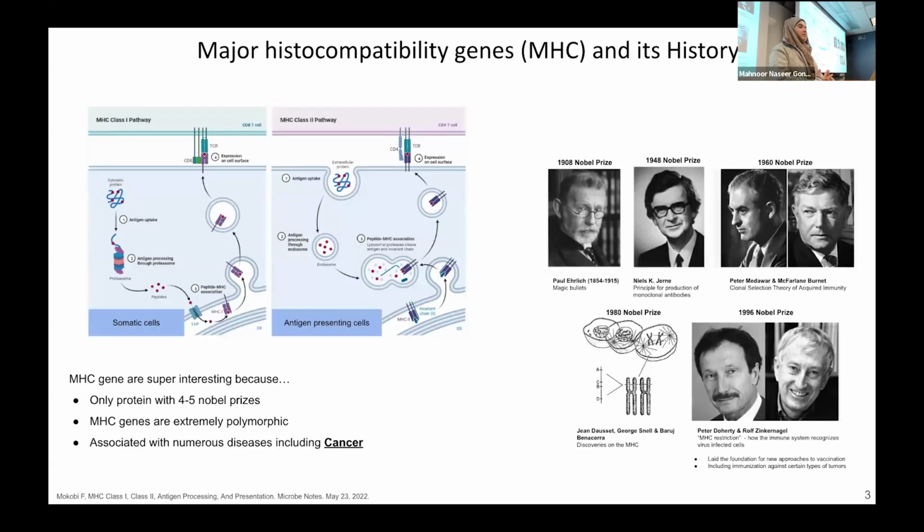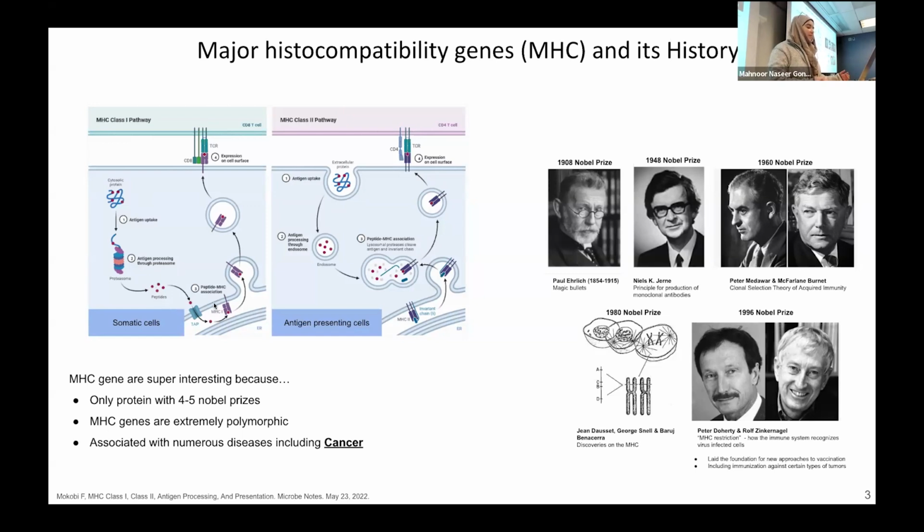So to give you a brief history of the major histocompatibility complex, this is a very interesting gene molecule. The reason why this is interesting is because it's divided into two classical features, the MHC class 1 and the MHC class 2. The MHC class 1 mostly deals with those proteins which are digested into peptides inside the cell.